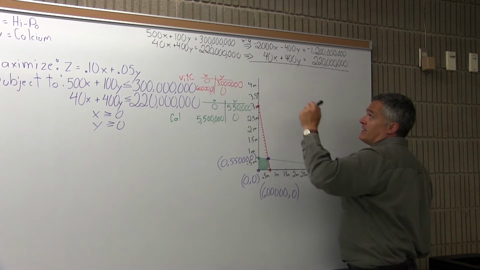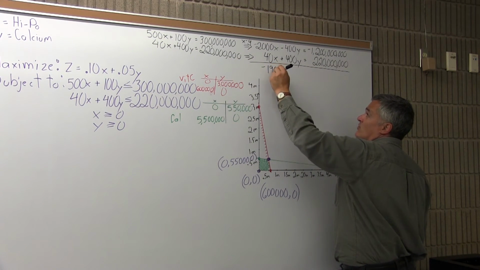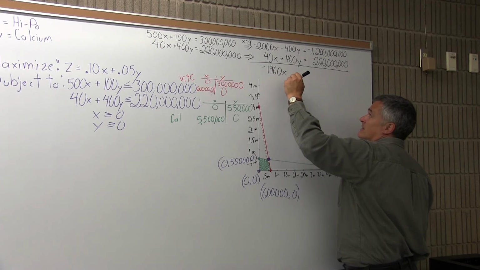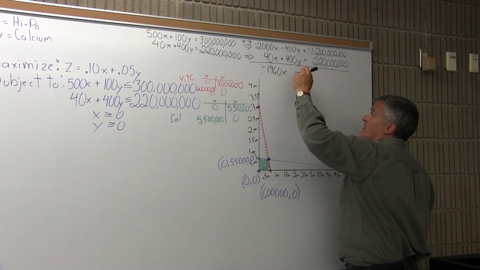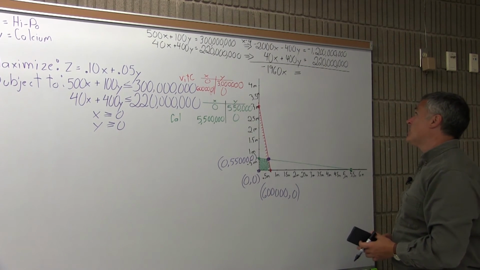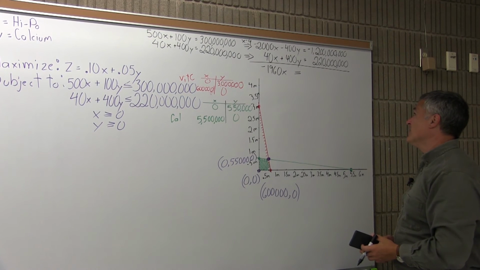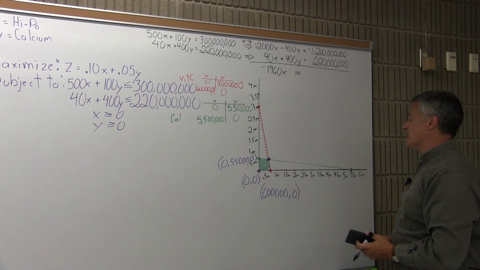So for the x's, negative 2000x positive 40x is negative 1960x. Negative 400y positive 400y cancel, which is great. Now, negative 1.2 billion plus positive 220 million, I think is negative 980 million.